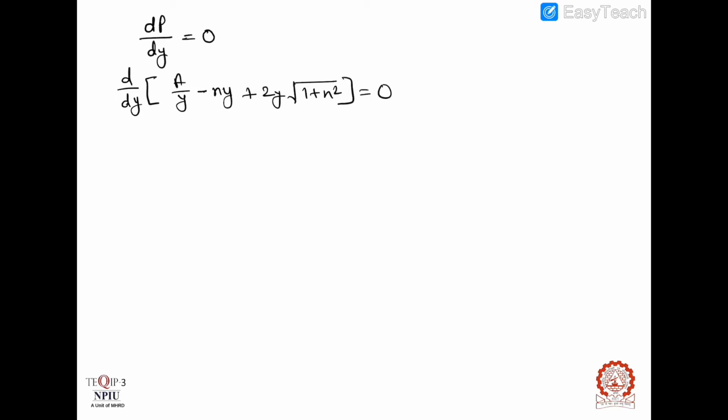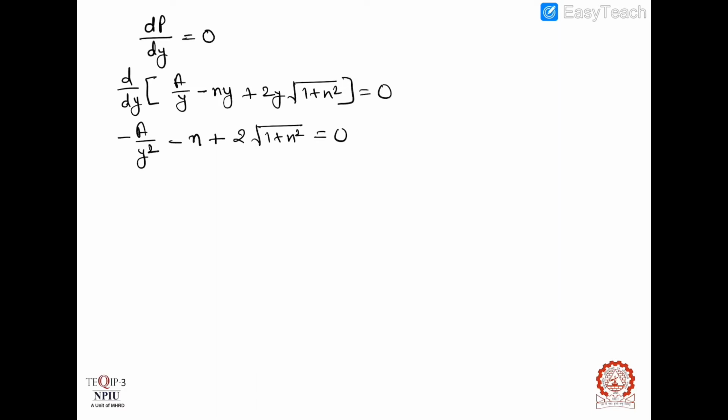So differentiate this with respect to y. Here remember, area of flow is constant, side slope is constant, only the variable is depth of flow. So minus A divided by y square, this is the differentiation of A upon y, minus n plus 2 root over 1 plus n square is equal to 0.